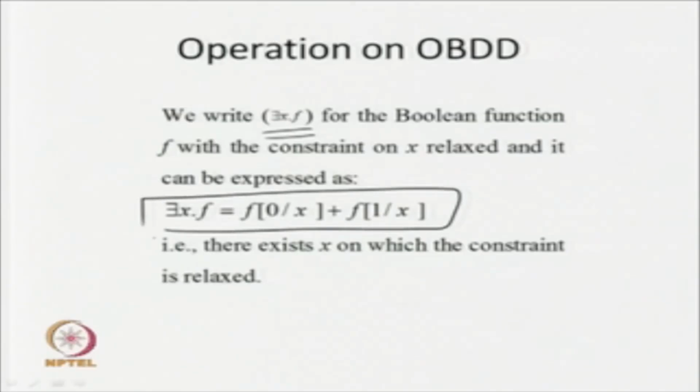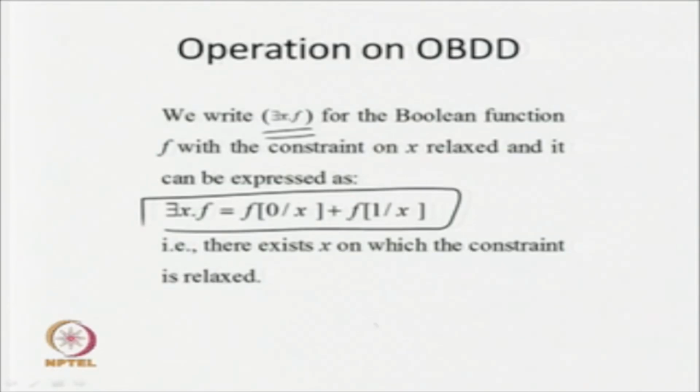There exists x f says that we are going to relax the constraint on x for this particular function f. Either x will be replaced by 0 or x will be replaced by 1. That means, whatever may be the value of x, we are going to look at the functional value of this given function. So, it is very simple.